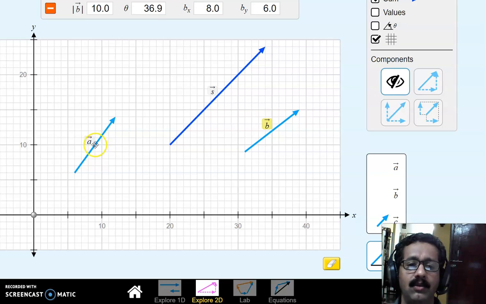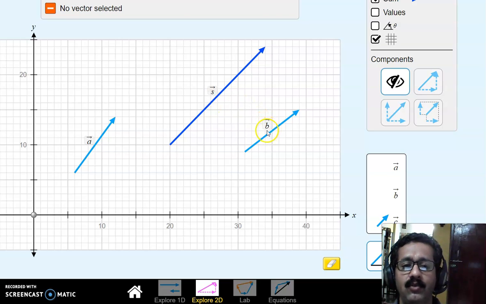The addition of vector A and vector B is given by this third vector called vector S. Now whether this particular logic is correct, I have to try and use my vector addition law, that is the triangle law of vector addition, to prove this thing right.